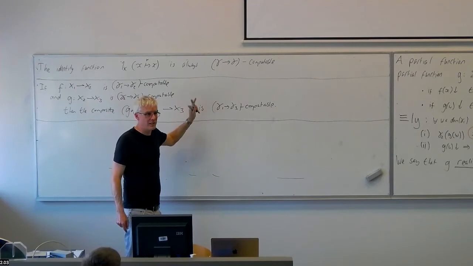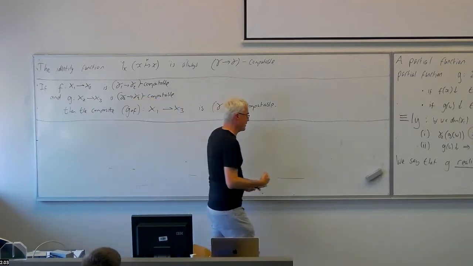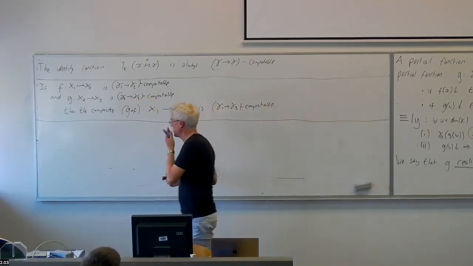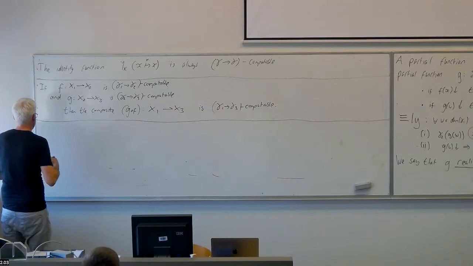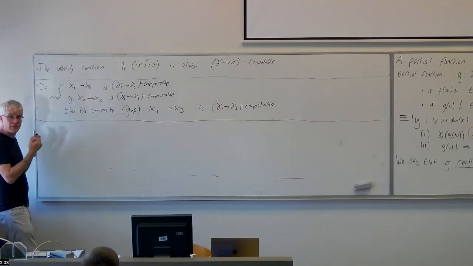Well, the key to that is saying that each of the 3 representations of the natural numbers is equivalent to each of the others. And that uses a very important notion, which is the notion of equivalence of representations. This is a notion that makes sense if you have 2 different representations of the same set.